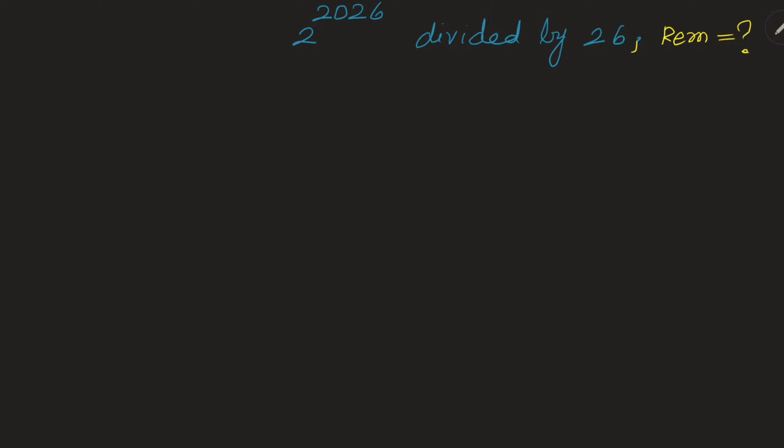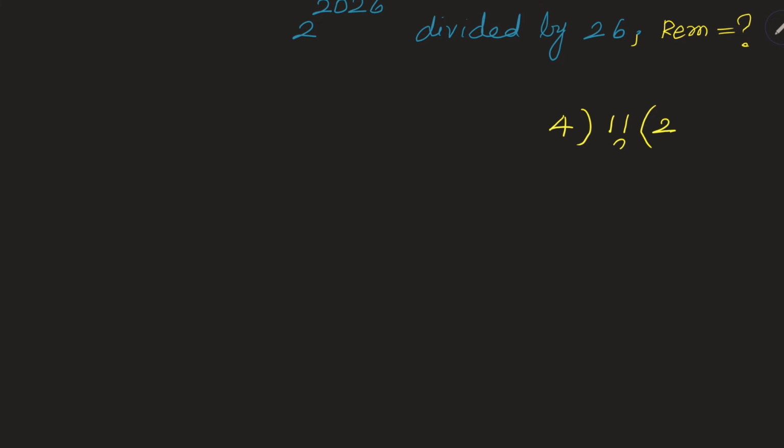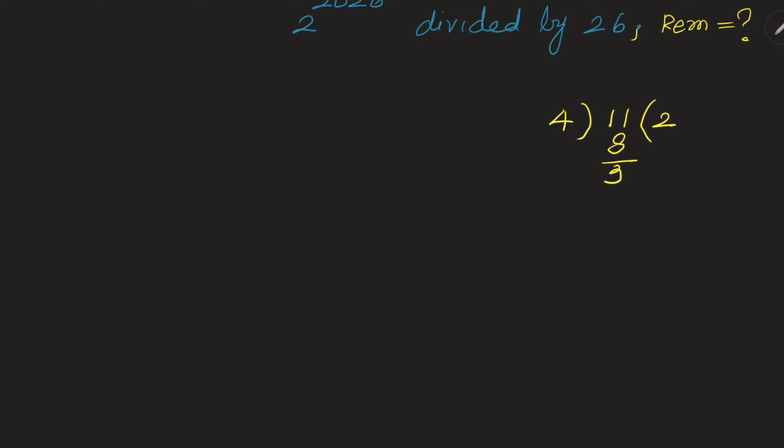First of all, what is the meaning of remainder and how do we represent that? Suppose we have 11, and we are dividing it by 4. We will do 4 twos are 8, remainder 3. So this is our quotient, this is our remainder, and this is the divisor.